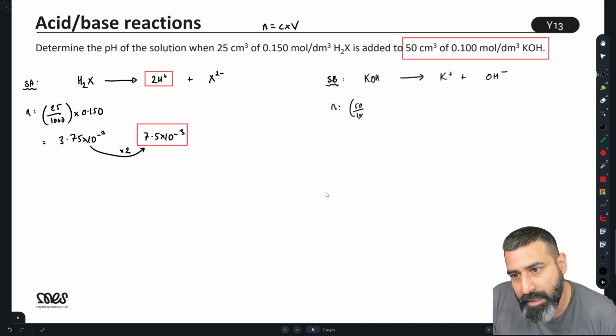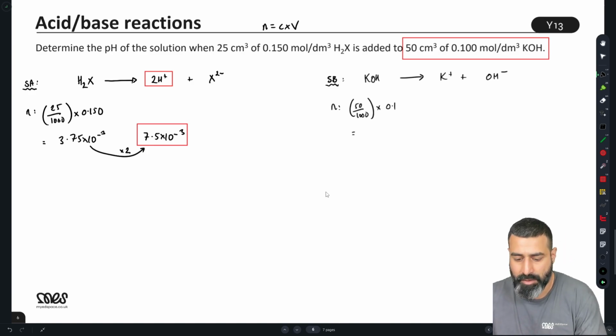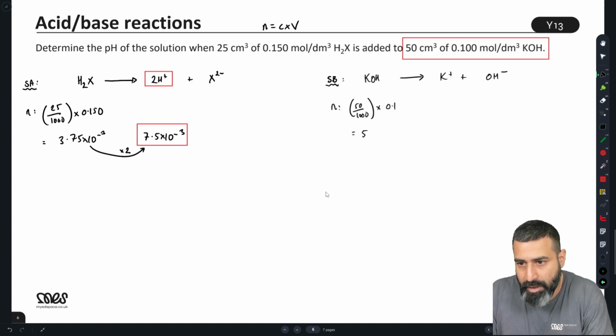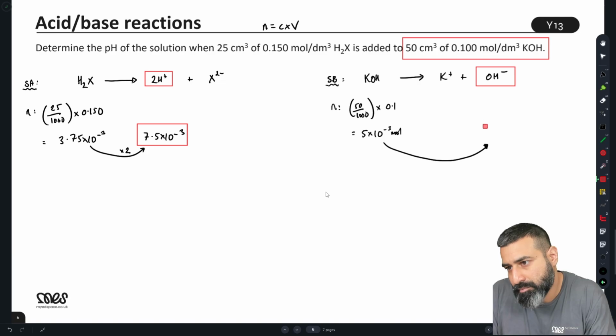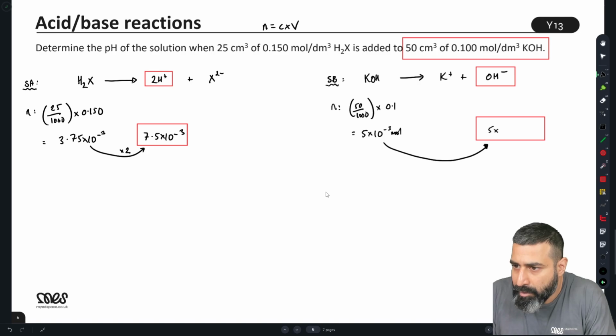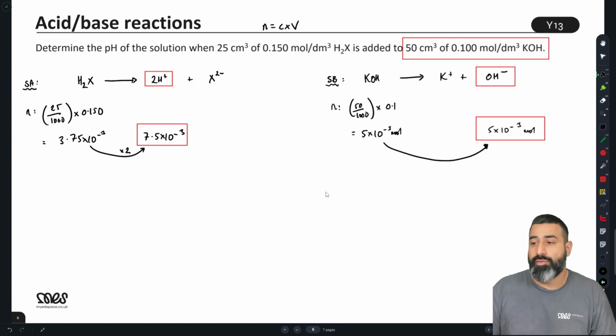It's 50 over 1,000 multiplied by 0.1. So that gives me 5 times 10 to the minus 3. Yes, it does. So then the number of moles of OH minus ions, because the ratio is 1 to 1, is also going to be 5 times 10 to the minus 3.